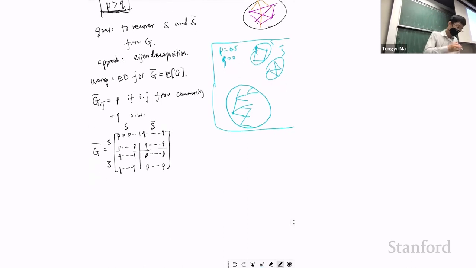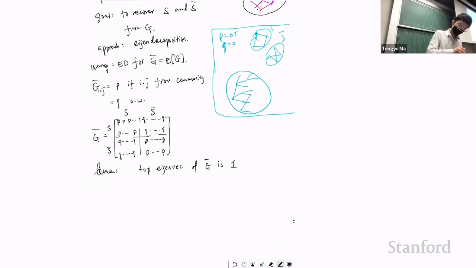My claim is that, in this case, suppose you have access to G bar, the top eigenvector of G bar is the all-one vector.